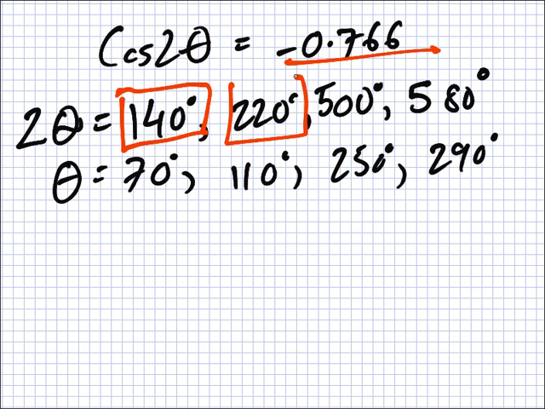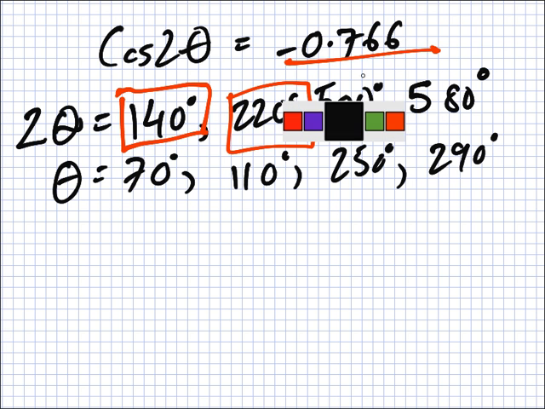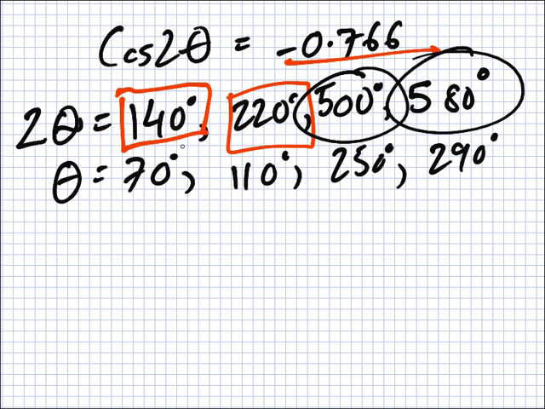That's how I got that. 360 minus 140 is 220. Okay, that's the second answer. How do I get answer 3 and 4? Well, I take answer 1 and 2 and I add 360. Finally, I divide by 2. Answer 3 and 4 is answer 1 and 2 plus 360.